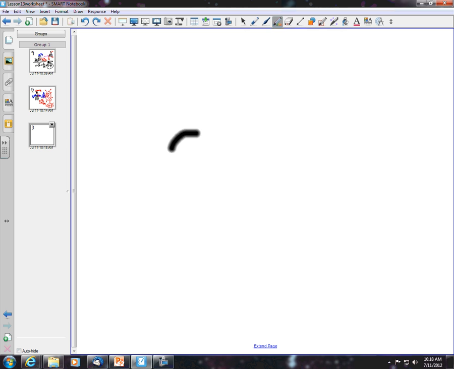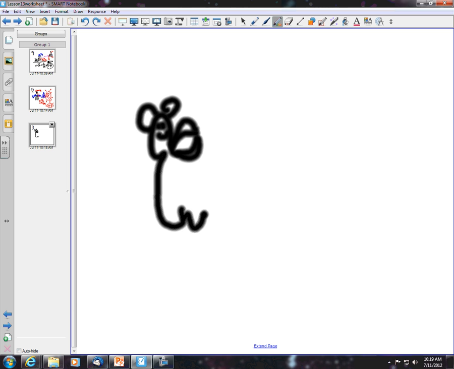Let's see. These are his arms. Looking fuzzy wuzzy. I'm going to have his legs attached too. Okay, so there's our bear. And he's grasping a vertical tree.